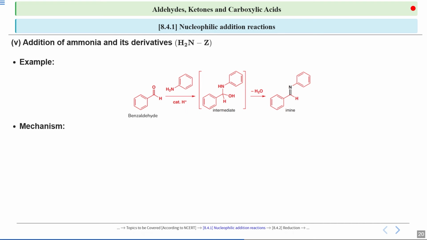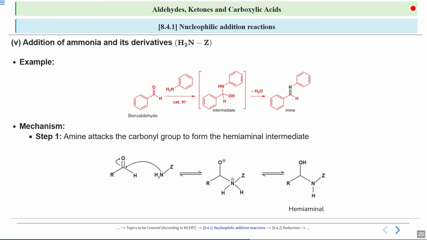If I look at the mechanism, the first step is that the amine, which is a nucleophile, attacks the carbonyl carbon. This results in the formation of the hemiaminal intermediate. This hemiaminal intermediate is not the final product. It undergoes further changes.